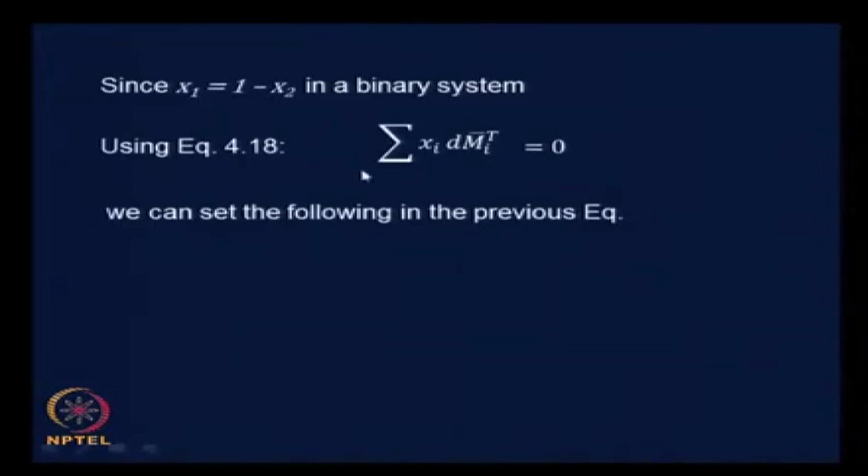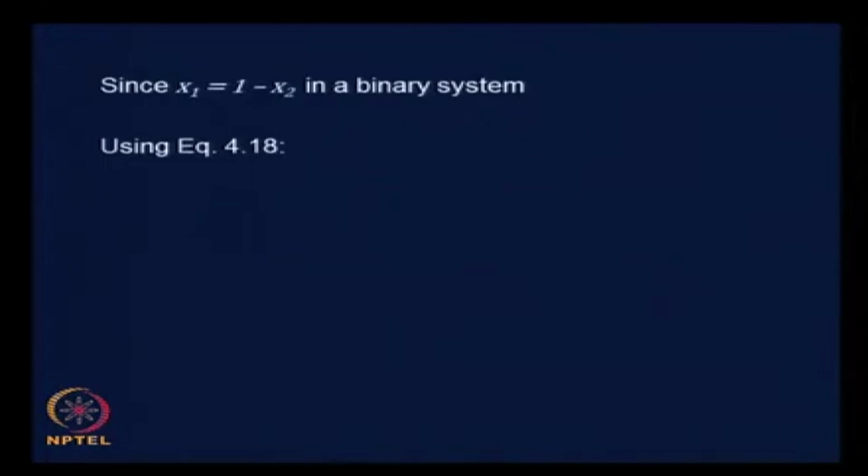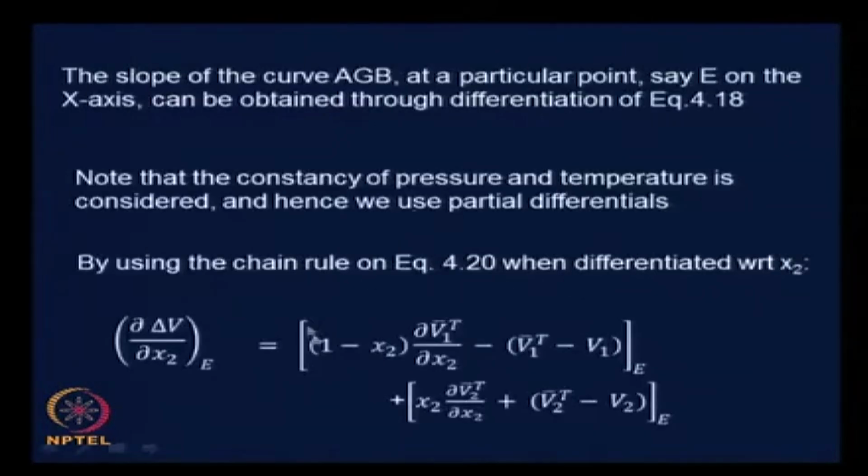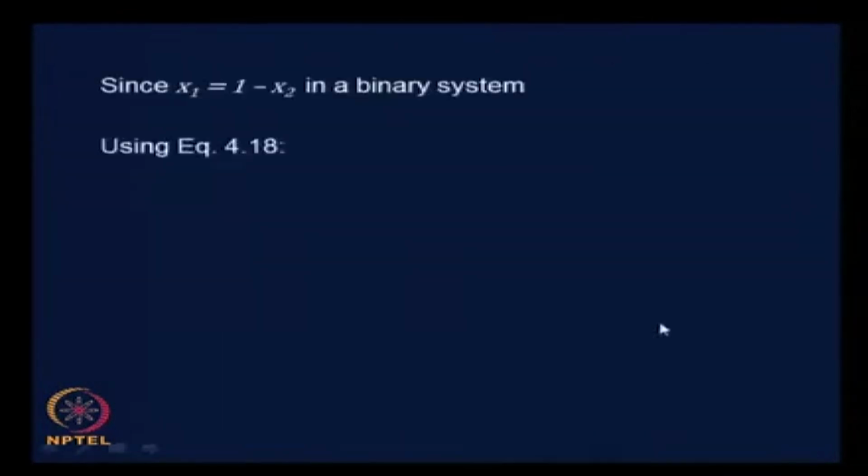Using this, how can you simplify whatever derivative that we had written previously here? This is the derivative we have here, and this is the hint that I am giving you for the next step, summation of xi dmi t hash equals 0. So, how can you simplify the previous equation? Go ahead, take the next 5 to 10 minutes if you want, and do it. Go ahead, please.